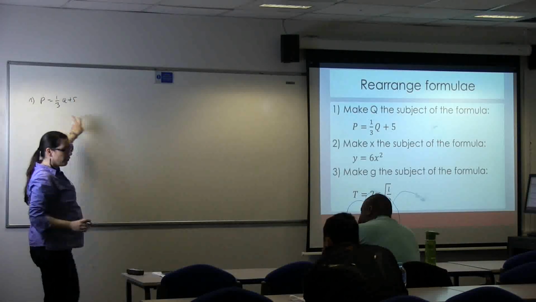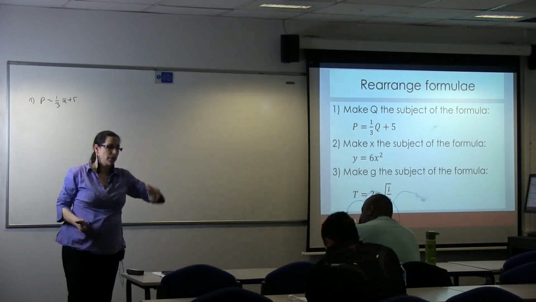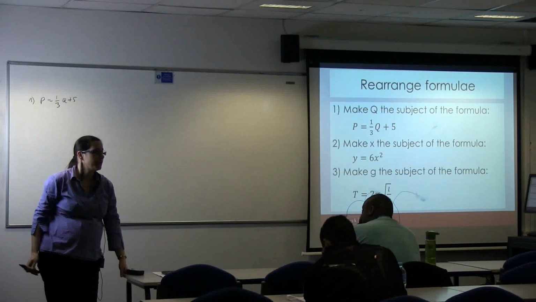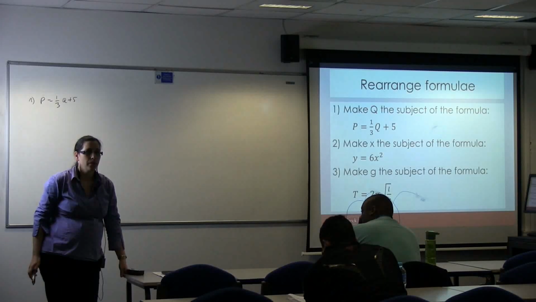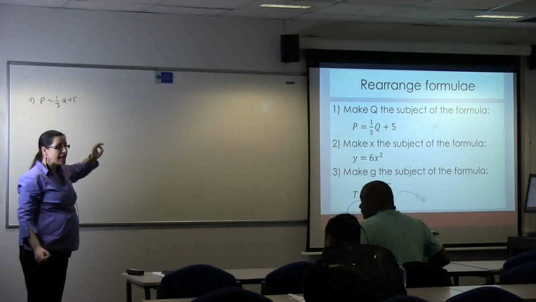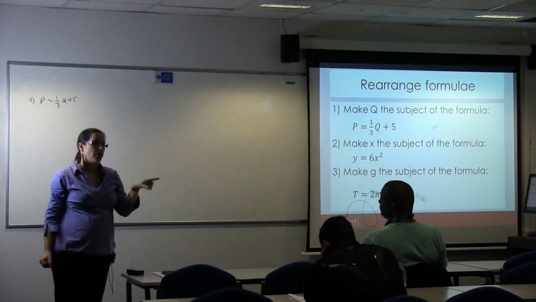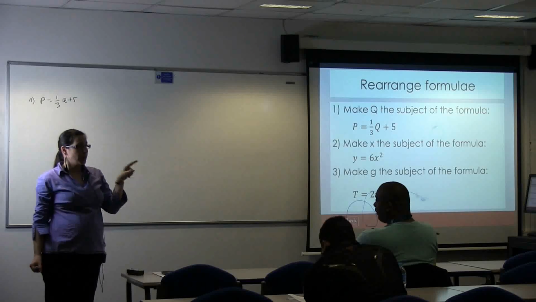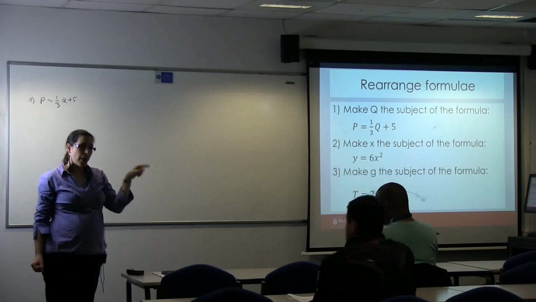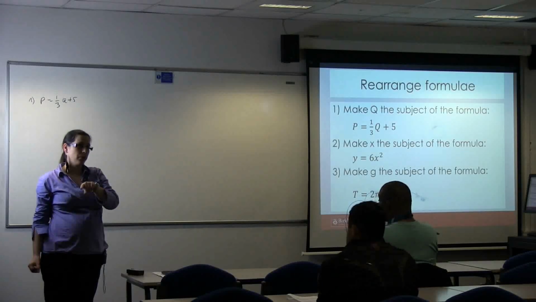By the way, what kind of formula is this if you study business? It's price and quantity. So this is the inverse demand function because it gives you the price as the function of the demand.